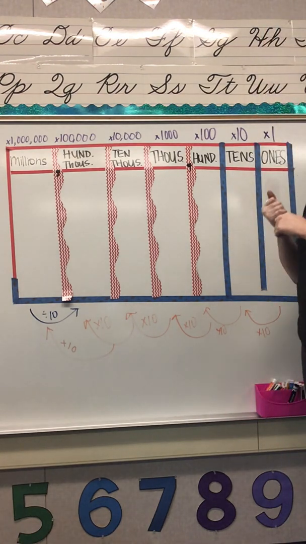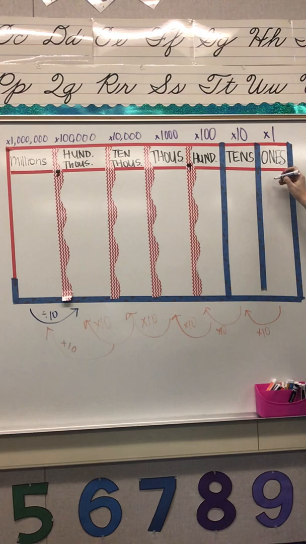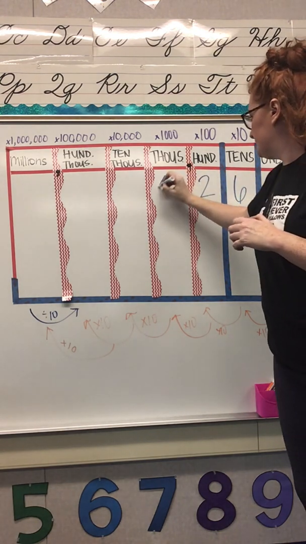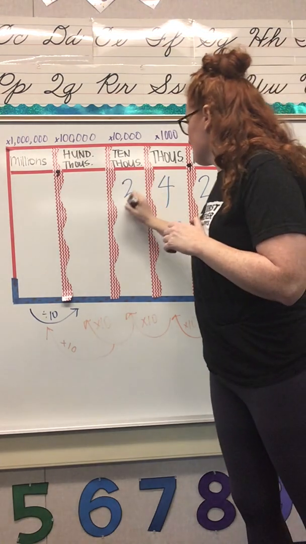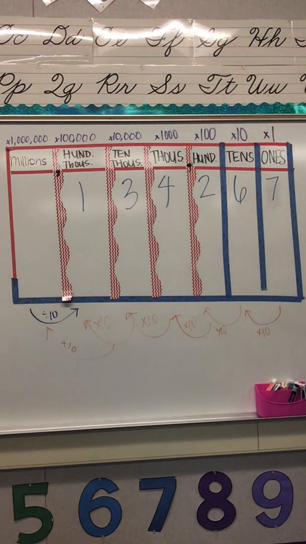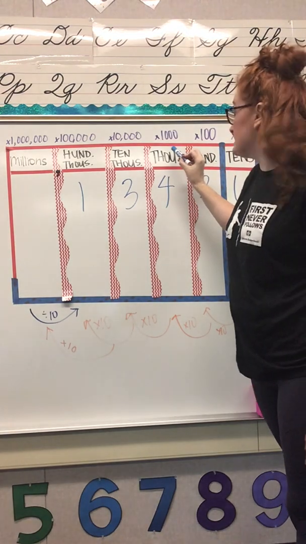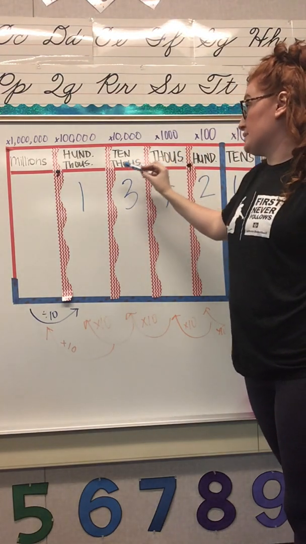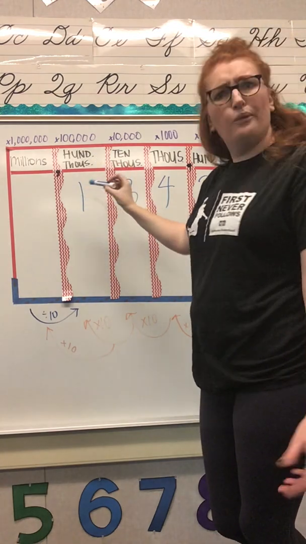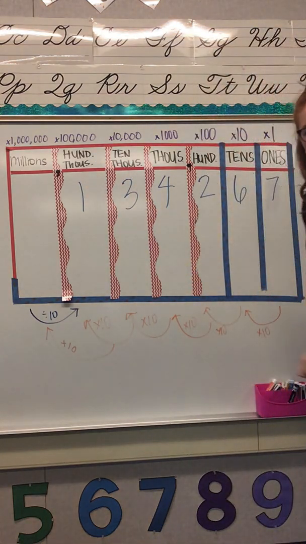So if I wrote this number, I have 1, 3, 4, 2, 6, 7. So I have a 7 in the ones place, a 6 in the tens place, a 2 in the hundreds place, and a 4 in the thousands place. And then a 3 in the 10,000s place, and a 1 in the 100,000s place.